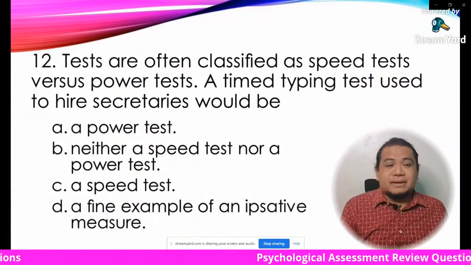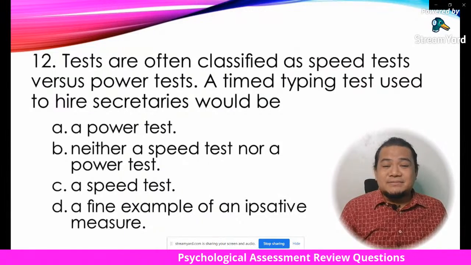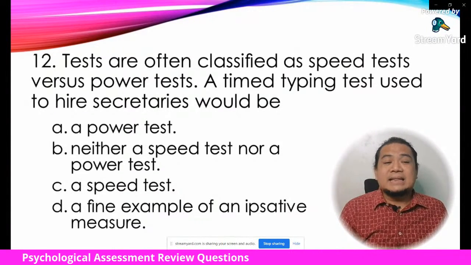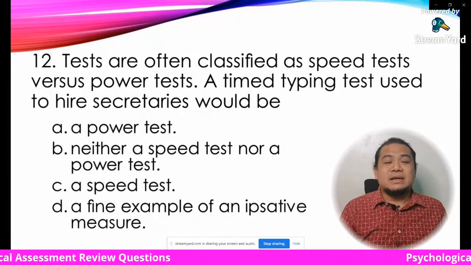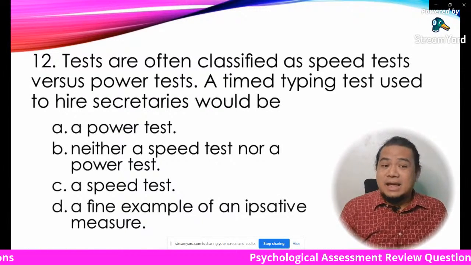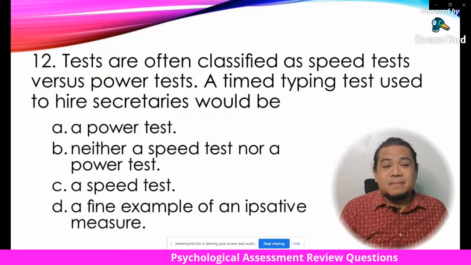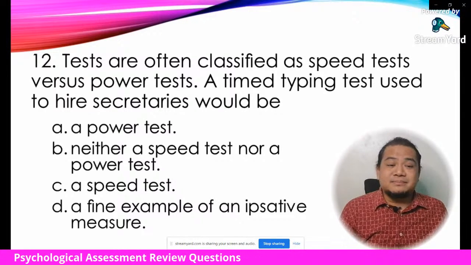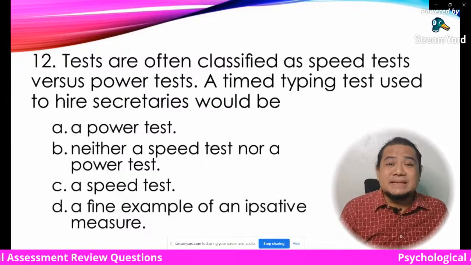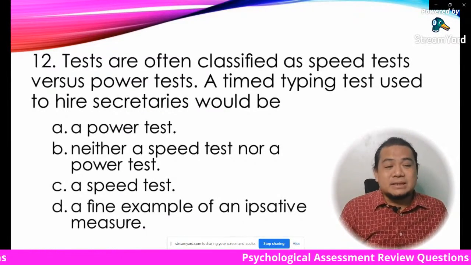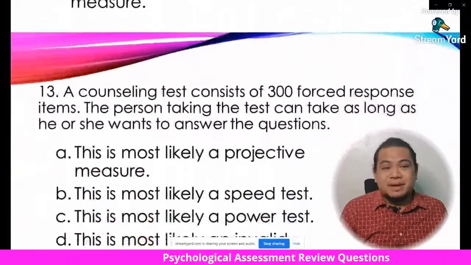Number 12. Tests are often classified as speed test versus power test. A typing test used to hire secretaries would be letter A, a power test. B, neither a speed test nor a power test. C, a speed test. Or D, a fine example of an ipsative measure.